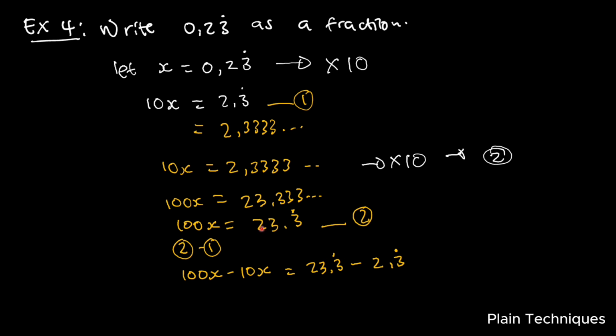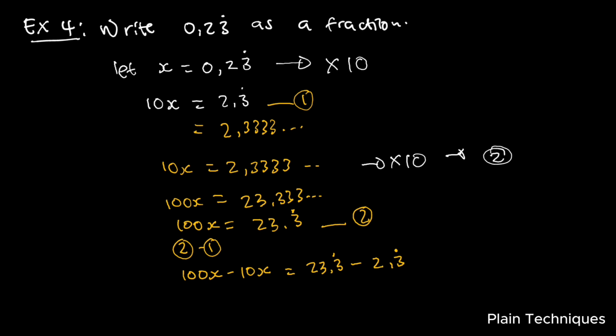It's this one for equation 2 minus this one for equation 1. These recurring parts are the same, so I'm only going to focus on the two numbers before the decimal point.